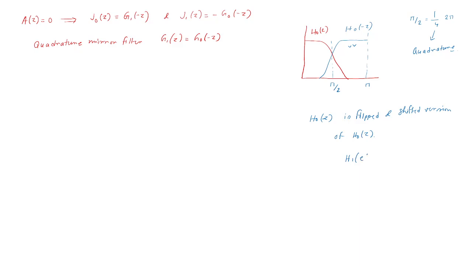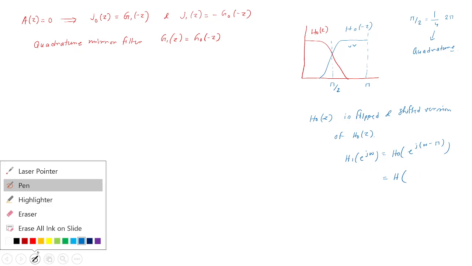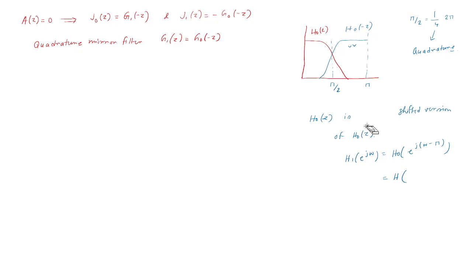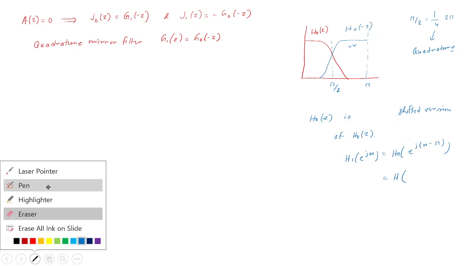Because if you denote H1(e^{jω}), as you can see, it's a shifted version of the flipped, actually a shifted version of H0(z), shifted by π.